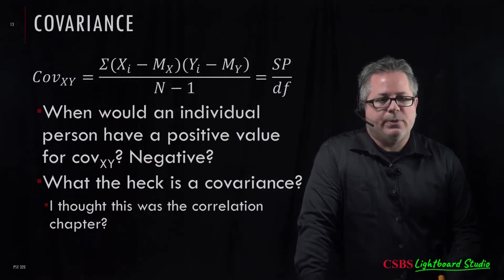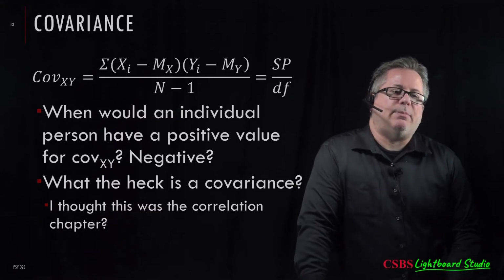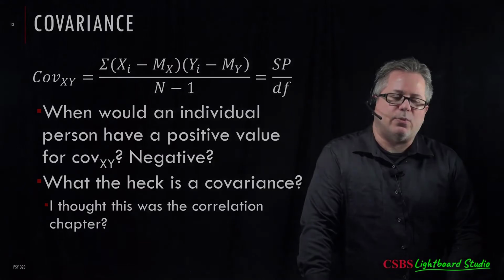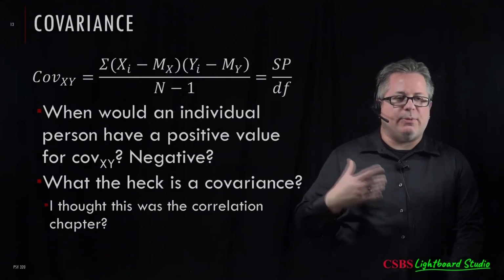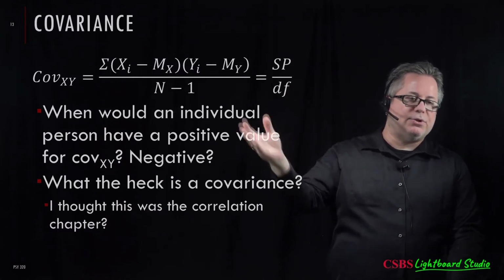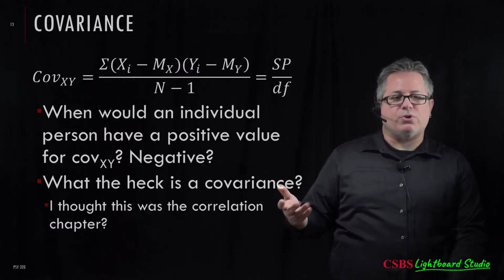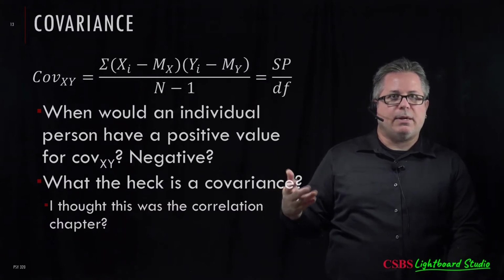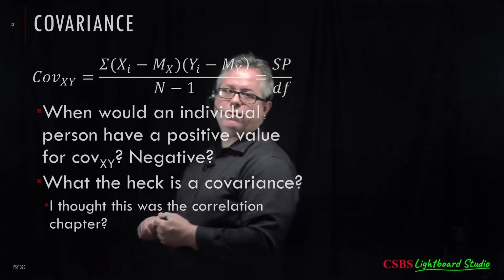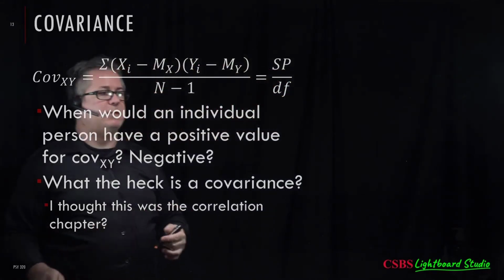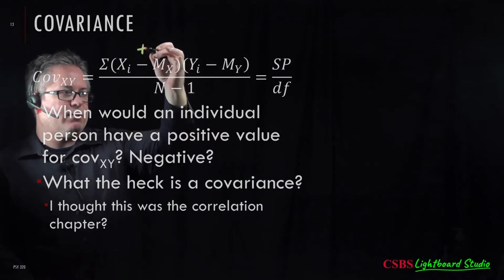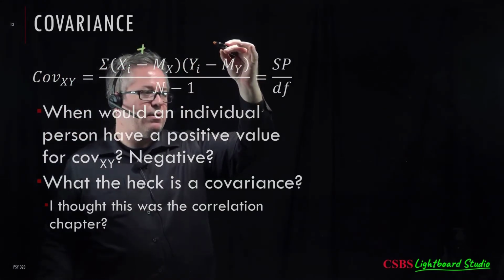How does it work? When would an individual person have a positive value for the covariance of xy? So we've got to think. Each person is going to be contributing to some part of these products, right? They're going to have their product summed up. So when would a person's score be positive? In order for a person's score to be positive, I would need to have a positive number here times a positive number there, right?